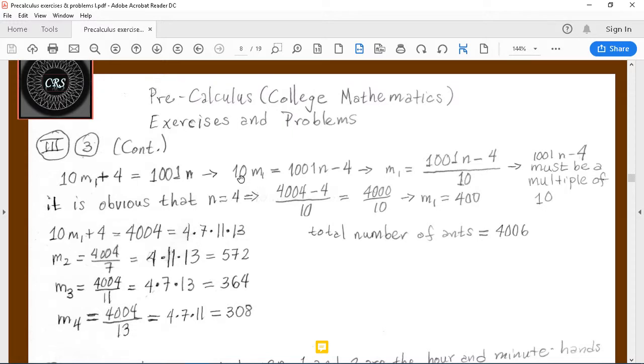So we have that 10M1 equals 1001n minus 4. That is, M1 is equal to 1001n minus 4 over 10.